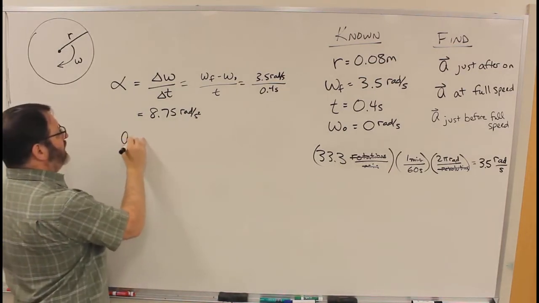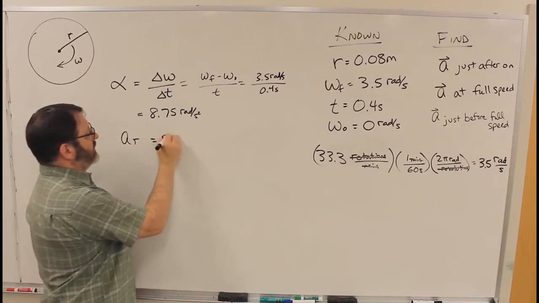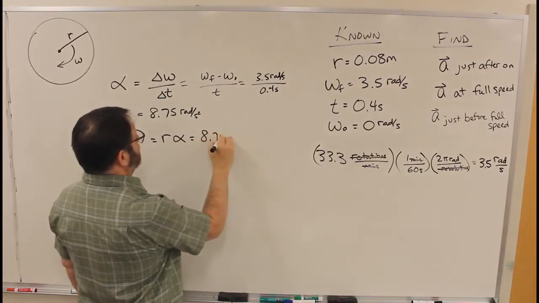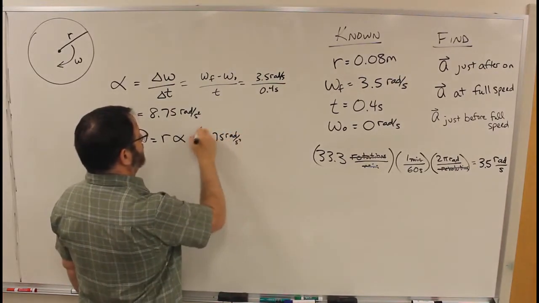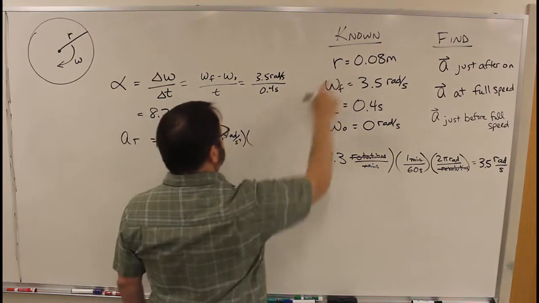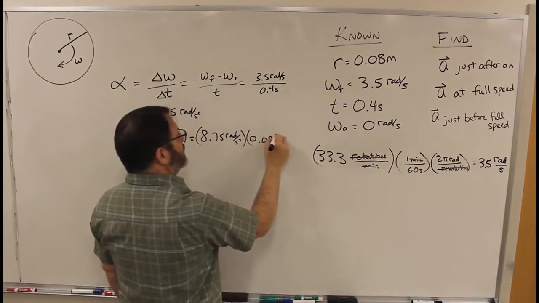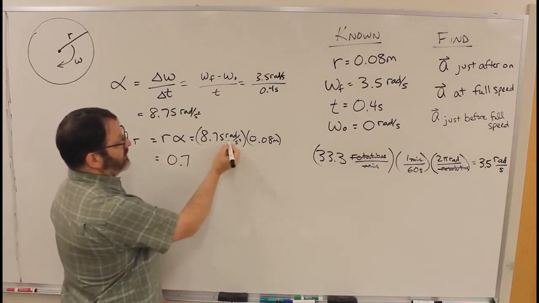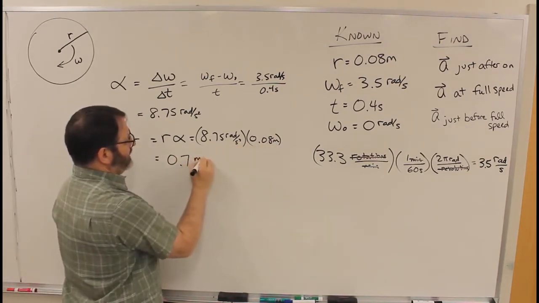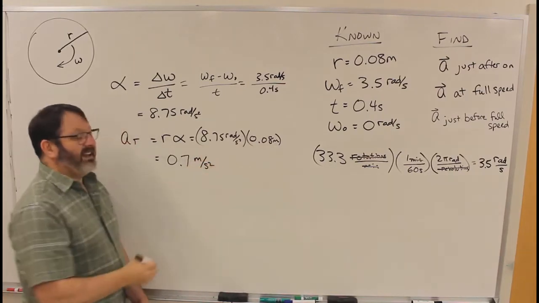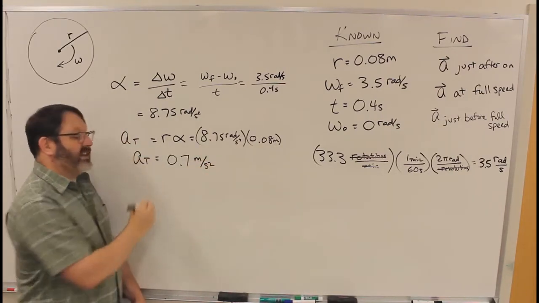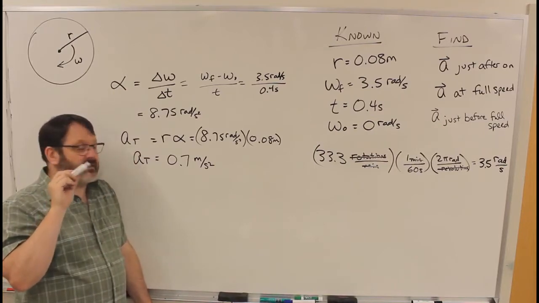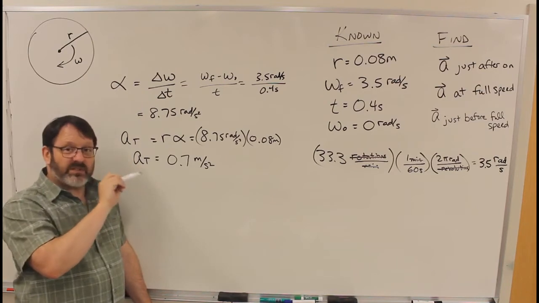And we know A tangential is R alpha. So 8.75 radians per second squared times 0.08 meters, 0.7. Radians go away when you multiply by the meters, so meters per second squared. So this is the tangential acceleration. Since it's not moving initially, it has 0 speed, we're looking at just as we turn it on.